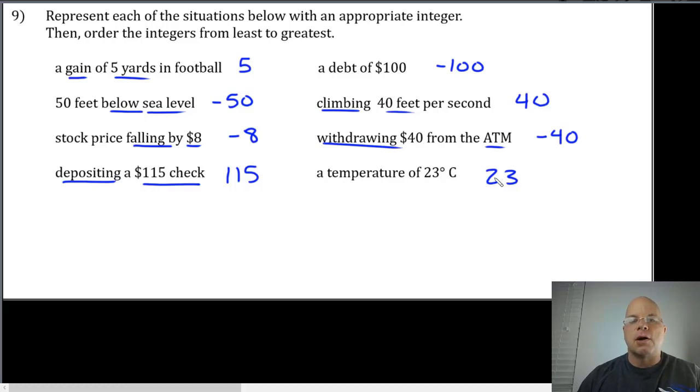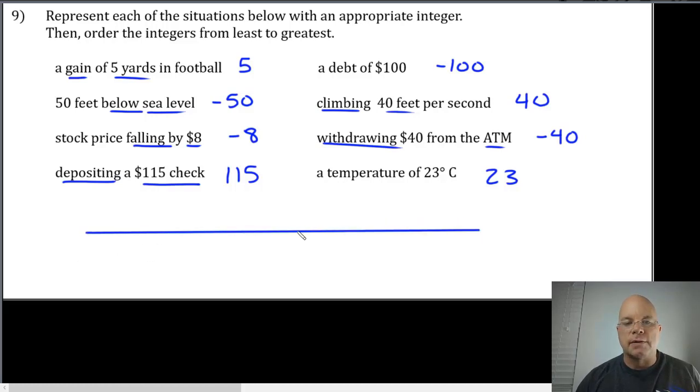Okay, now we have represented all of our integers. Sometimes when ordering integers, it helps to think of a number line and 0 as a reference. Let me look at all my positive integers. I have 5, I have 115, I have 40, and I have 23.